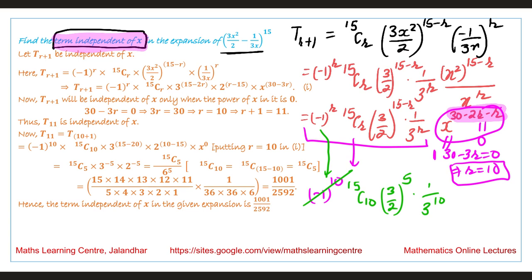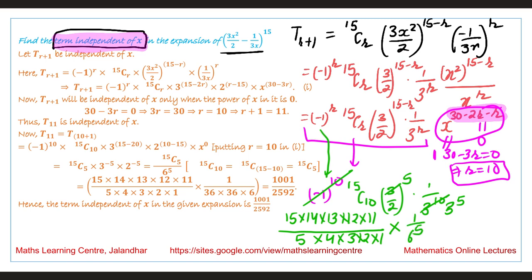So minus 1 raised to the power 10 will become 1, and this will become 15 into 14 into 13 into 12 into 11 divided by 5 into 4 into 3 into 2 into 1, then into the next value we will have over here, this 3 raised to the power 5 will get cancelled, and we are left with 3 raised to the power 5. So we get over here 1 by 6 raised to the power 5.